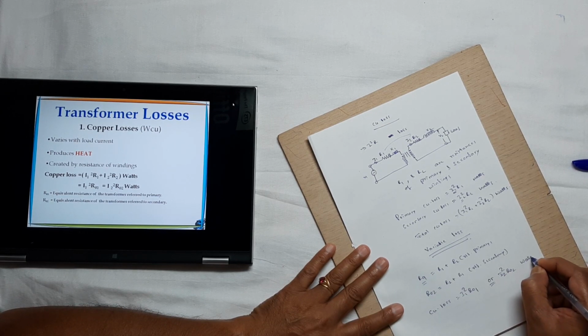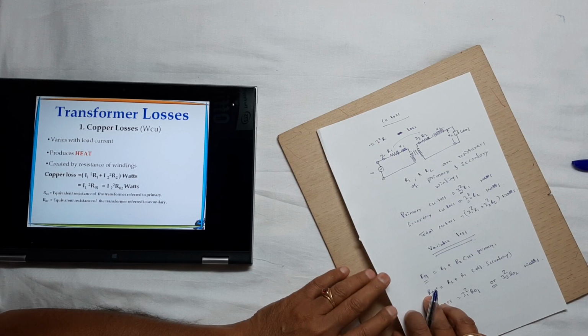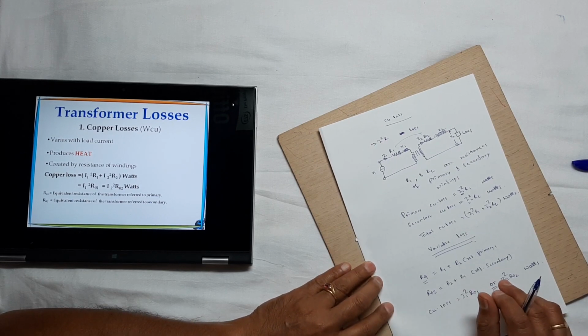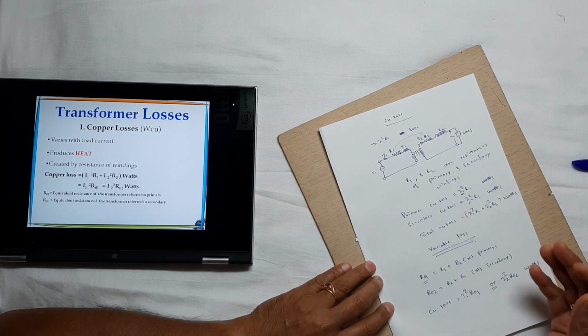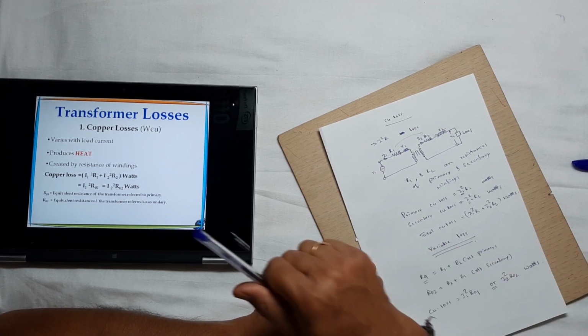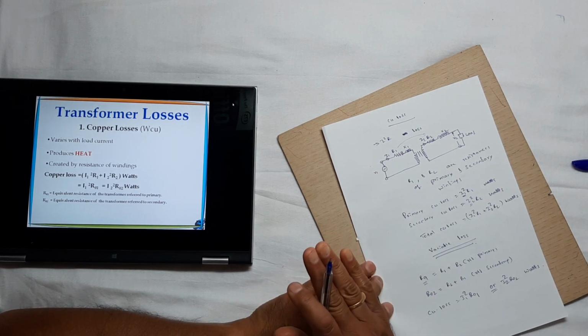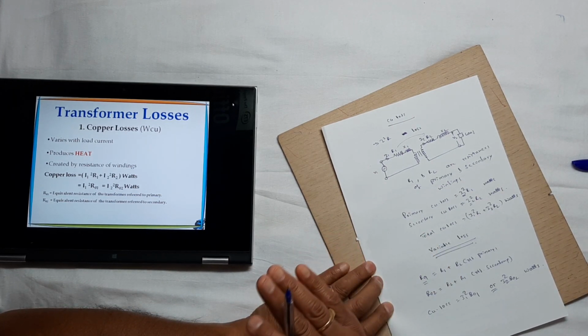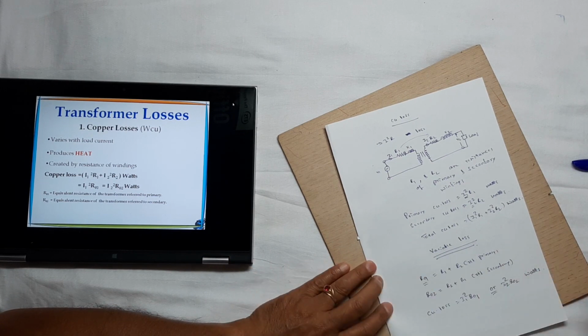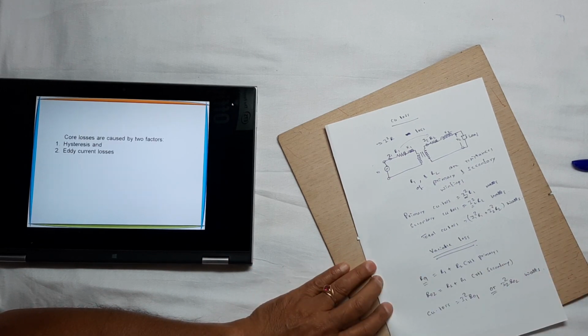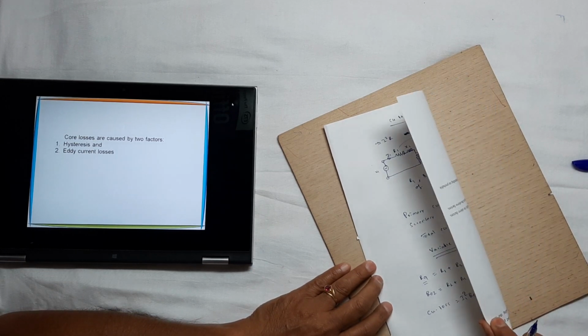This is how we calculate the losses referred to the primary and secondary. In general, the copper loss is the variable loss. It varies with the load current, and it produces heat. The next one is the core loss.